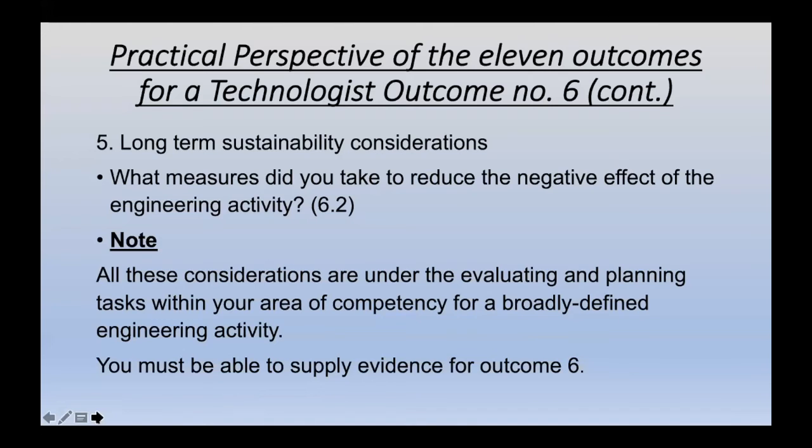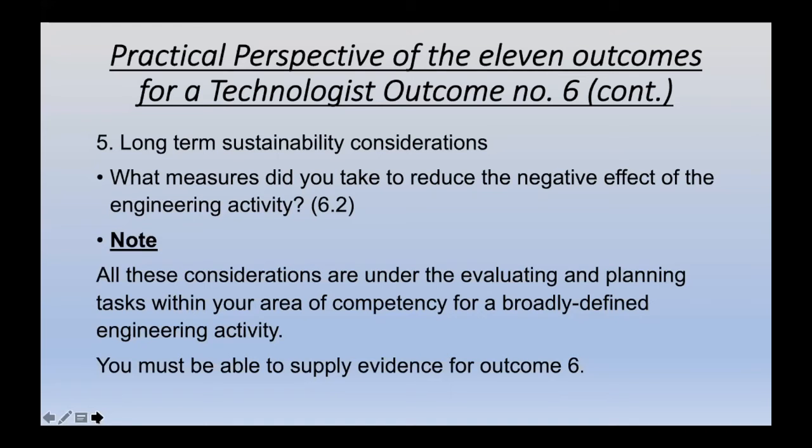We do get negative effects to the environment from the engineering activity. How did you limit it? What did you do to limit that? Now, note, all these considerations are under the evaluation and planning tasks of your area of competency for a broadly defined engineering activity. You must be able to supply evidence for outcome 6.